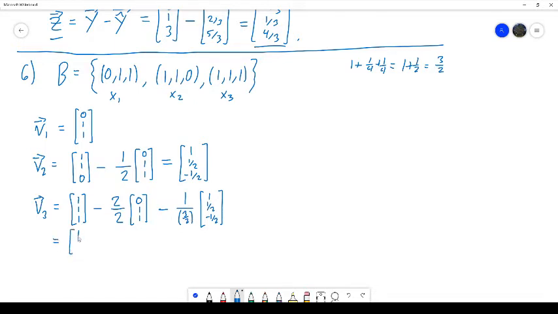So if we have 1, 1, 1 minus, this is just 1, so we're just subtracting this vector, minus, then let's call this 2/3, 1, 1/2, negative 1/2. Okay, so now we just have to add all these together, and again, I'll save some of the work there and copy down our answer. So we have, for the last vector in the orthogonal basis, 1/3, negative 1/3, and positive 1/3.